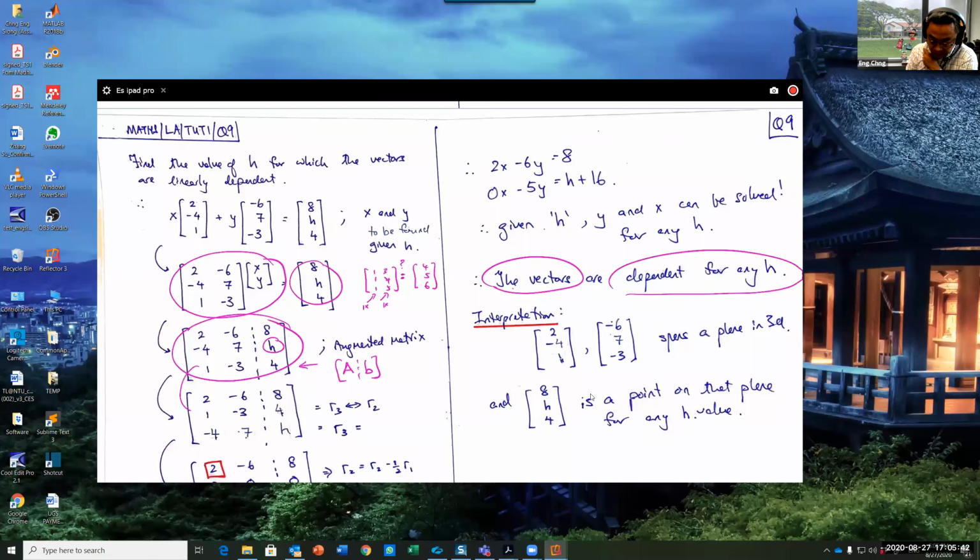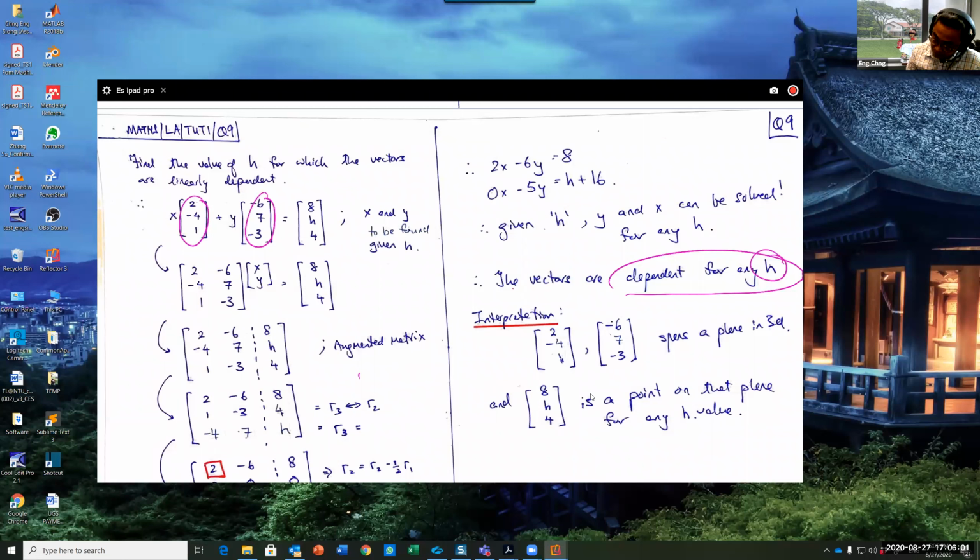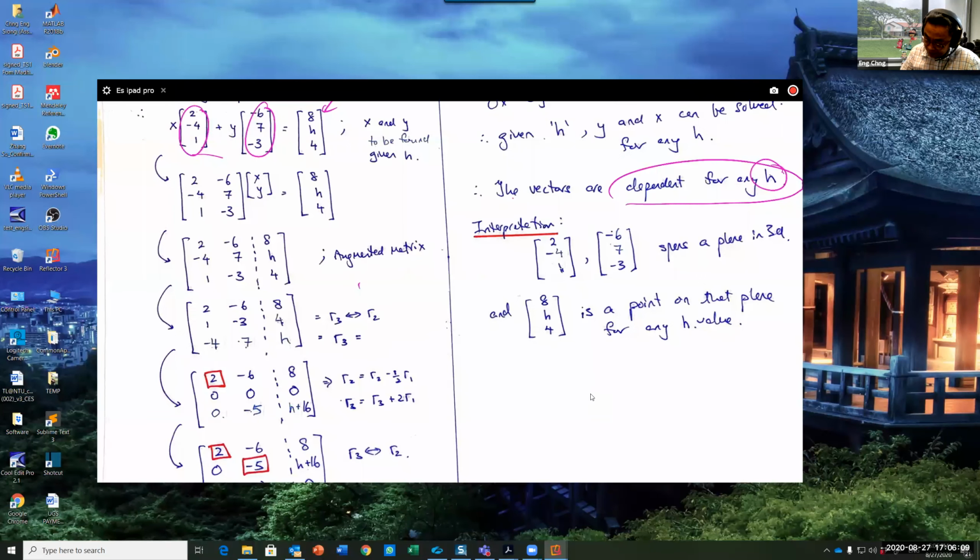Now, maybe you want to ask, it's very strange. I have R3, and yet I only use two columns to solve for my B. So what does that mean? If the interpretation is this, the first column, the second column, their linear combination is, let's say, like this.